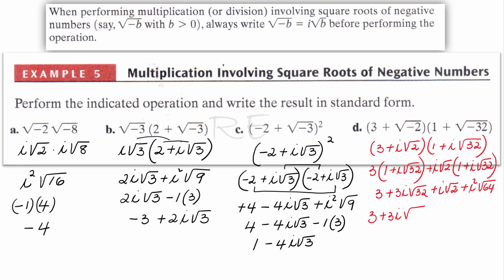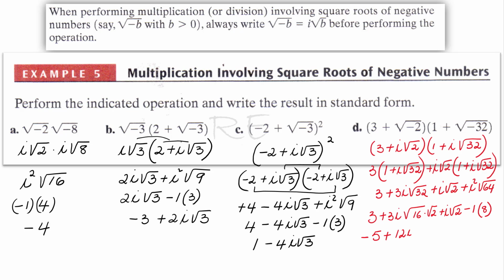3 plus 3i square root of 16 times 2, since 32 is 16 times 2, plus i square root of 2. I squared is negative 1, and square root of 64 is 8. Minus 1 times 8. 3 minus 8 is negative 5.